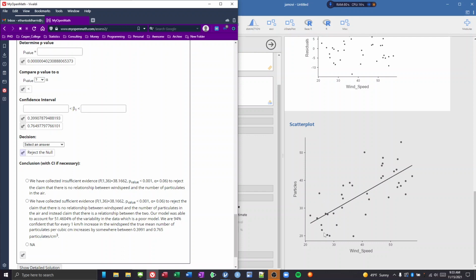But there's also a bunch of other variables going on, and that's why we see so much more variability in this data. We account for some variability in the data from wind speed, but not all of it. If you saw a model that had a very high R squared value, these data points would be very, very closely clustered about this regression line.